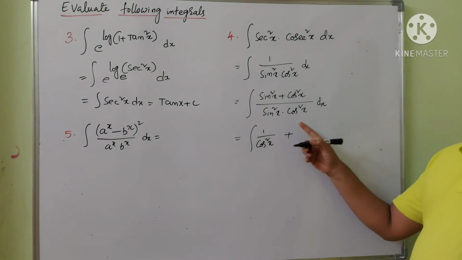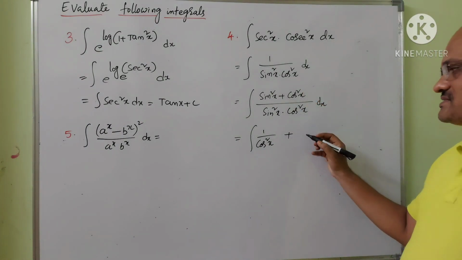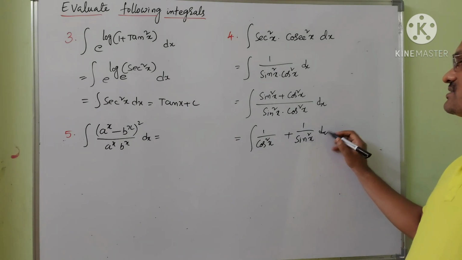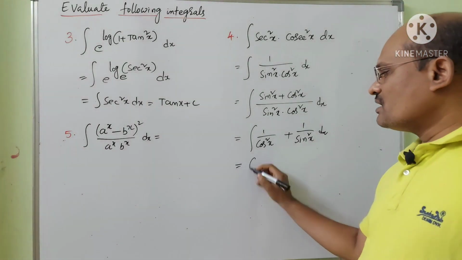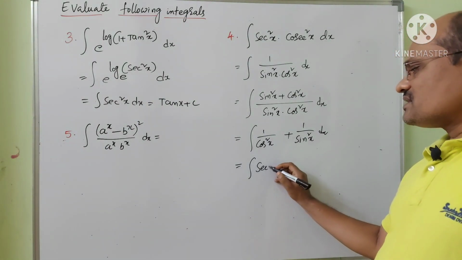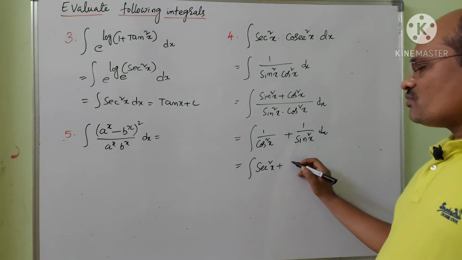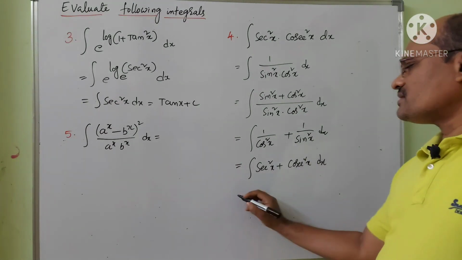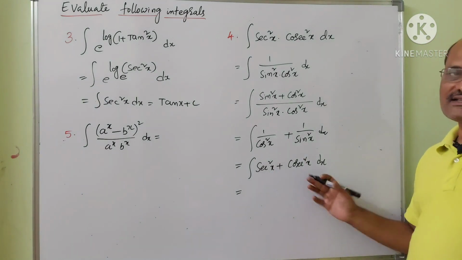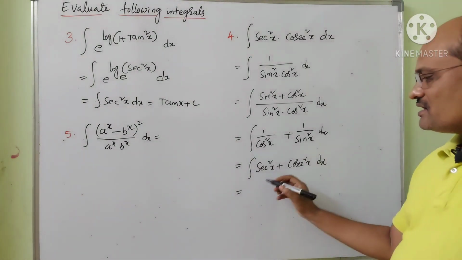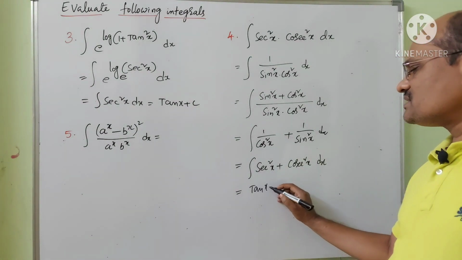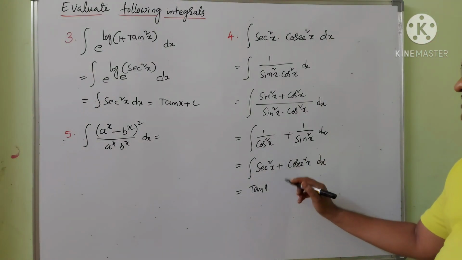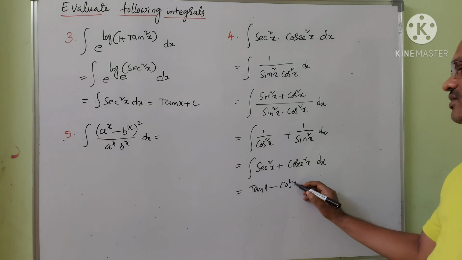If you write the denominator for the second term, cos square x cancels, and you will get 1 by sin square x, dx. 1 by cos square x is secant square x, and 1 by sin square x is cosecant square x, dx. In the middle we have plus, so integrate separately and we will get the answer. Secant square x integration is tan x, cosecant square x integration is minus cot x, so the answer is tan x minus cot x plus c.